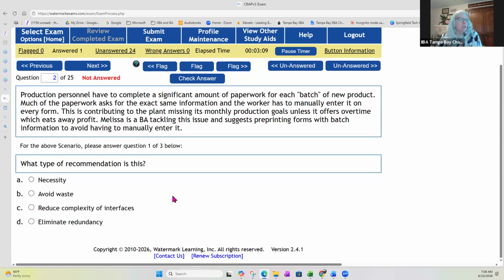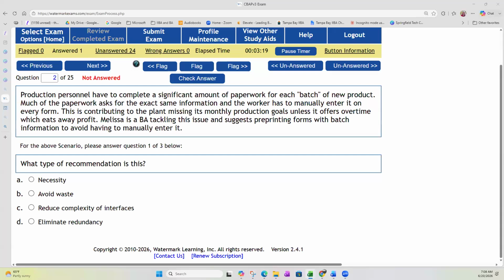So she's providing a solution, right? So that's analyze potential value and recommend solution. Is that the task we're in? Printing forms with that information. Yes, evaluating the solution.